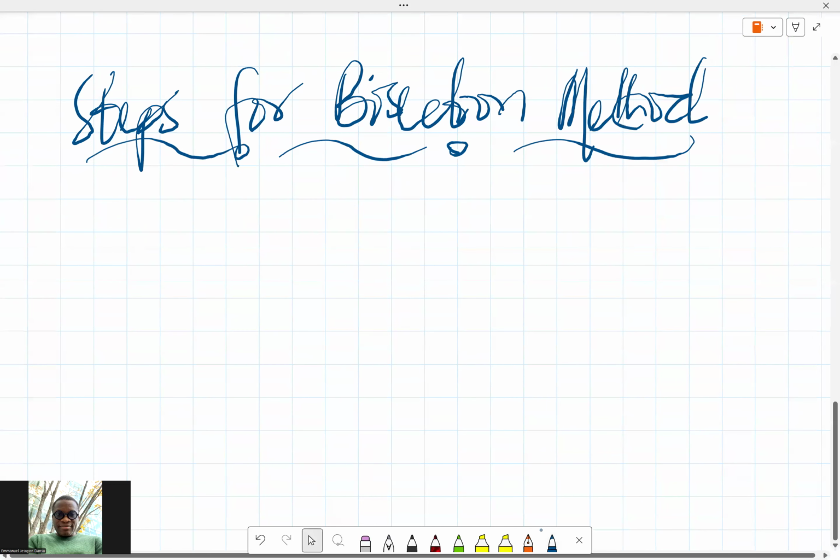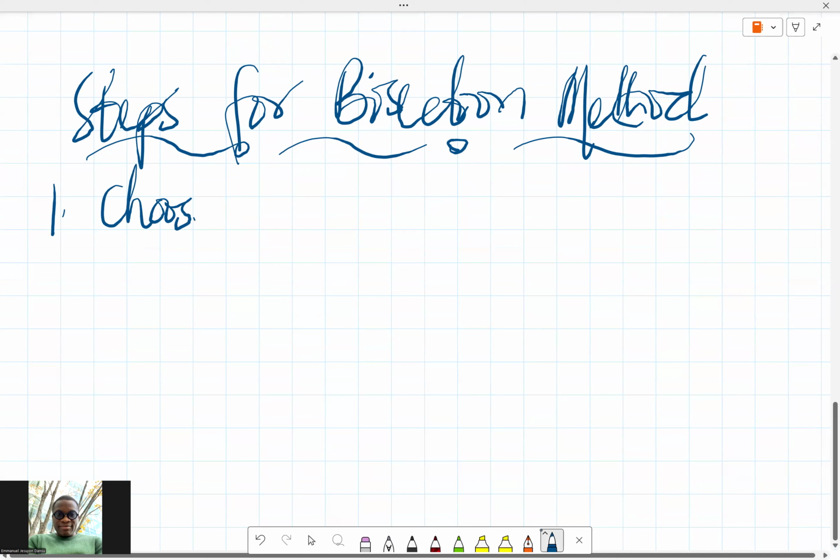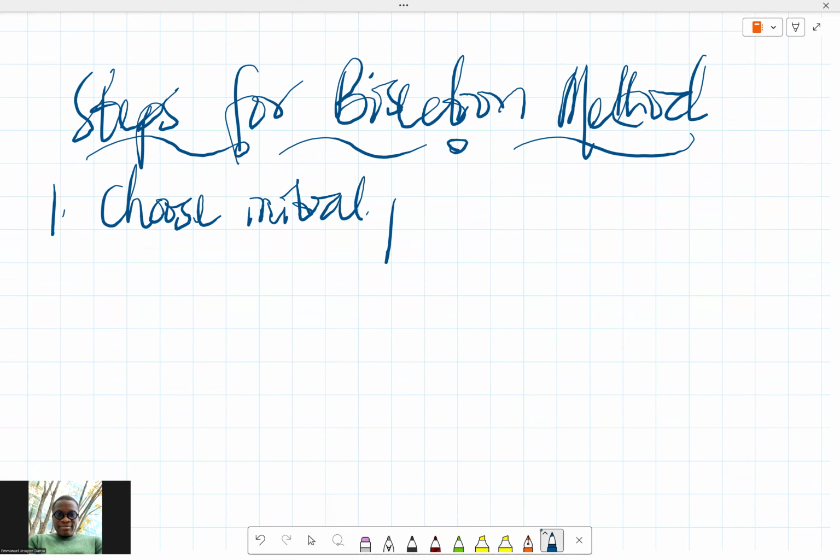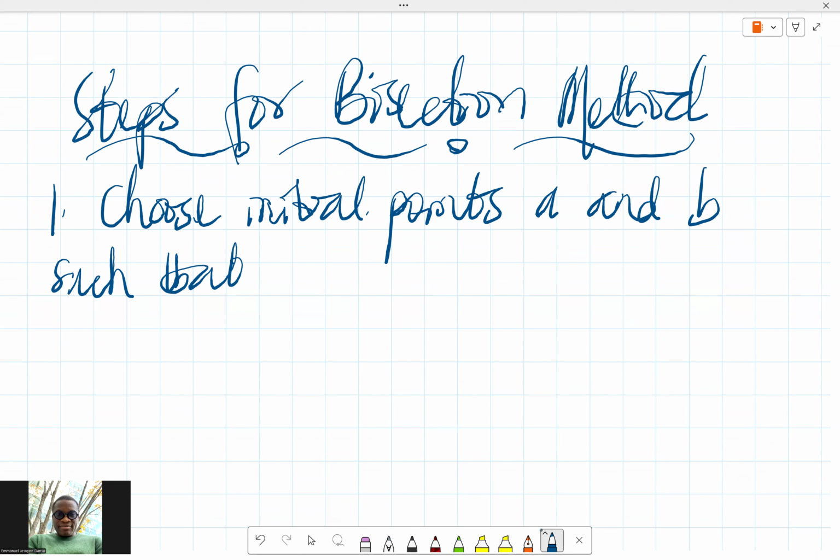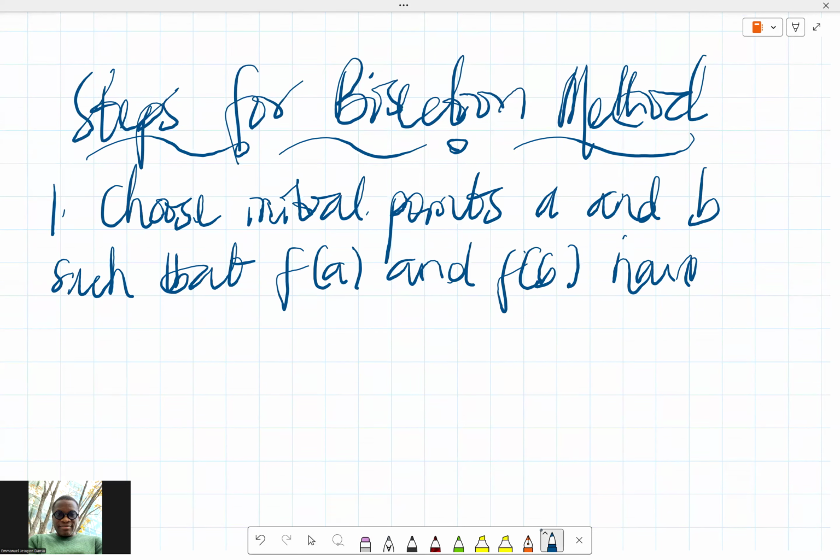The first step is to choose initial points A and B such that f of A and f of B have opposite signs.